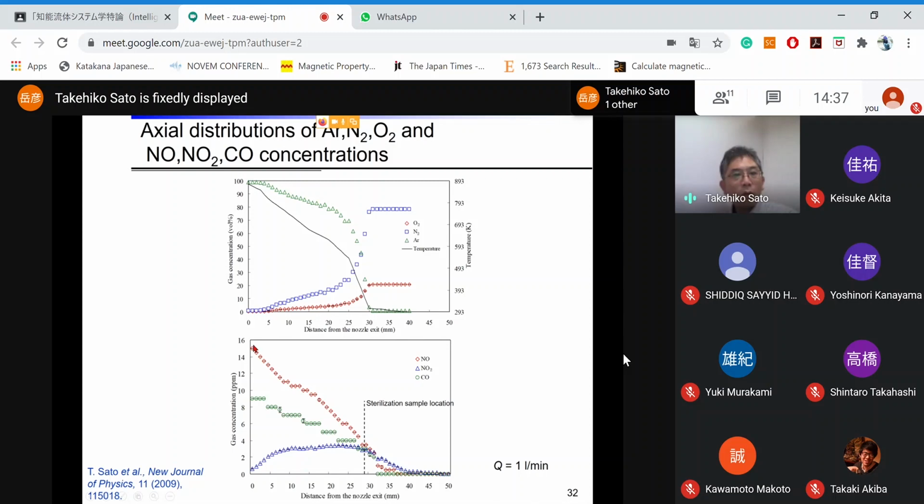So NO is generated in the nozzle, and NO2 is generated after the exit of the nozzle. NO is one of the species very easy to react with the bacterial membrane, so that's one of the factors to kill the bacteria. Also, CO is generated like this. So that's the characteristics of the plasma.